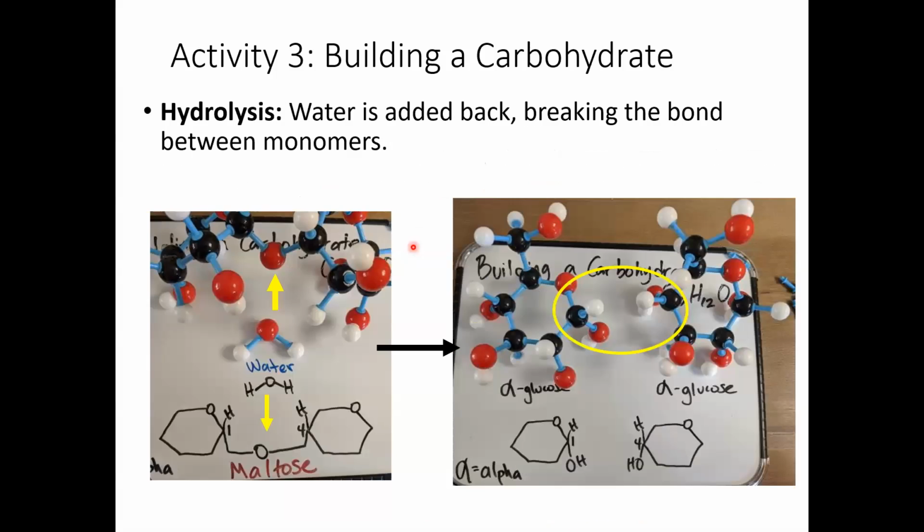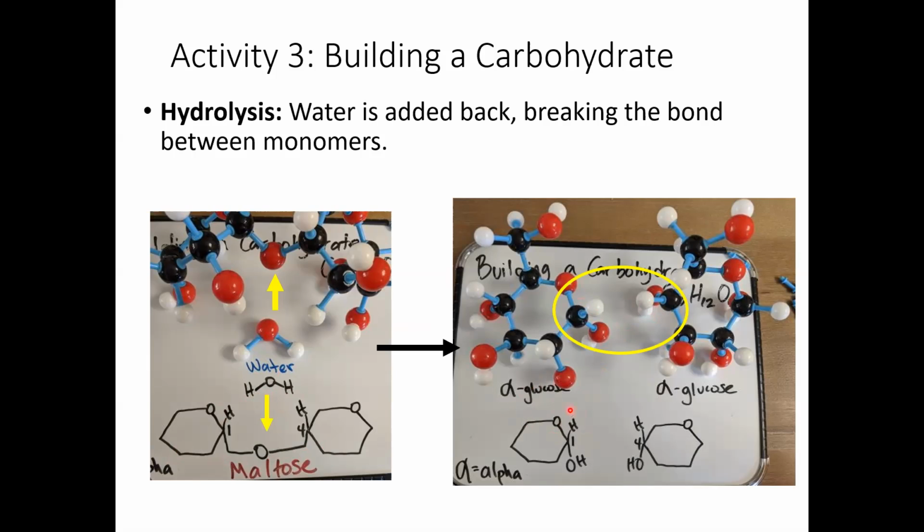Now the reversal can happen, and this is called hydrolysis. So now this water molecule is going to get introduced to these 2 alpha glucose molecules. So it's also written out here. You have this water molecule that's going to get introduced to this maltose disaccharide. And when those get introduced, we have the reversal happen.